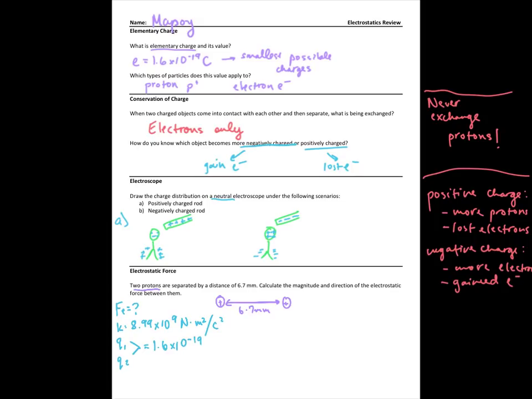Now in your quiz, you're going to be asked to calculate these things, and you better include units, especially for K. Alright, so K's units are in the reference table as well. And R is the distance between them. 6.7 times 10 to the negative third, because it's milli. Now we could calculate.